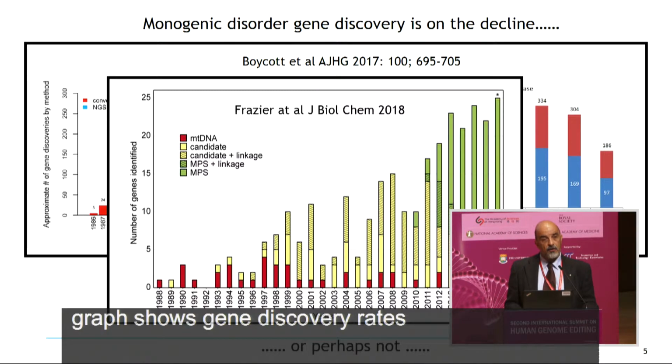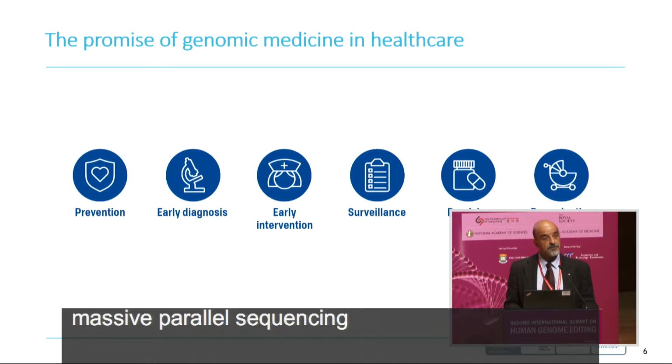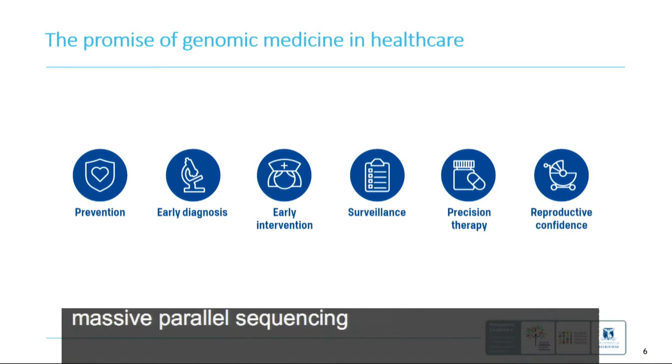So in terms of delivering genomic technologies to the healthcare system, what are the kind of promises that we can make? Well, I think firstly, it's really obvious that an early diagnosis can be established earlier on in the diagnostic odyssey.